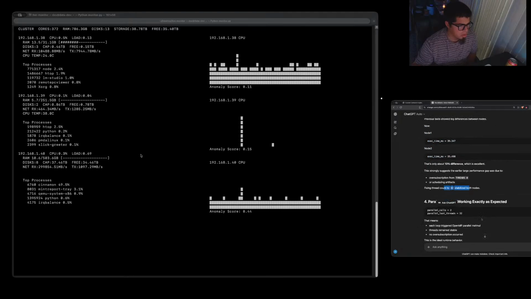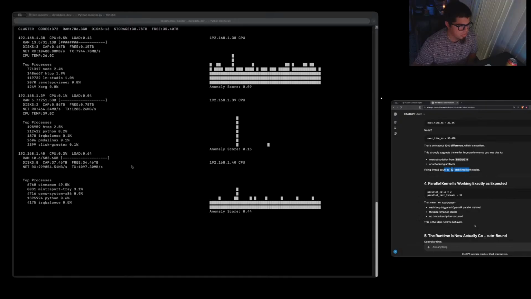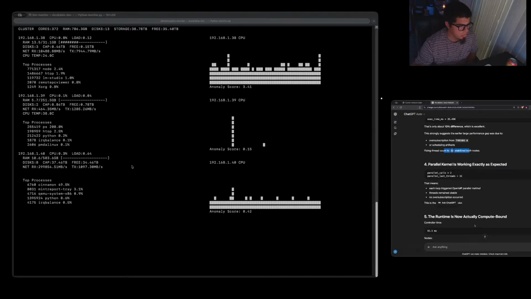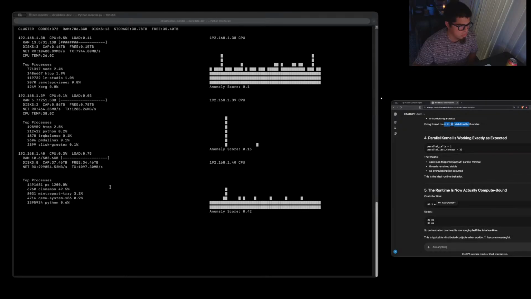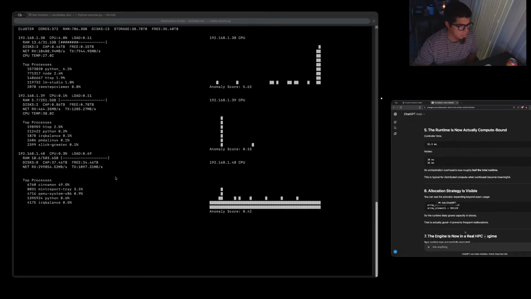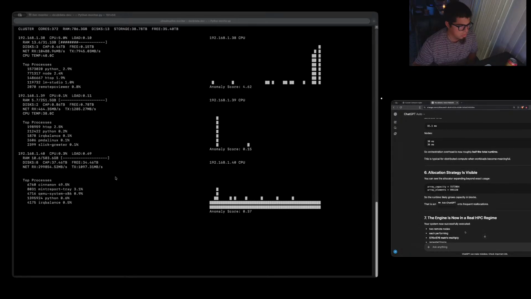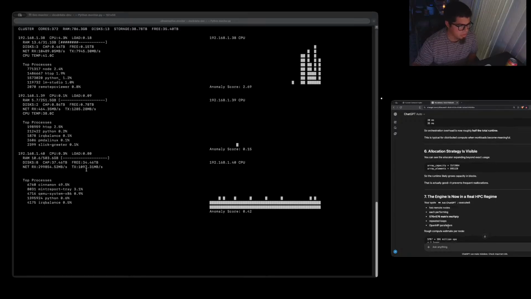Okay, so I changed the thread count. So it's actually compute bound. Okay, so 2 remote nodes, each performing 576 by 576 matrix multiply.